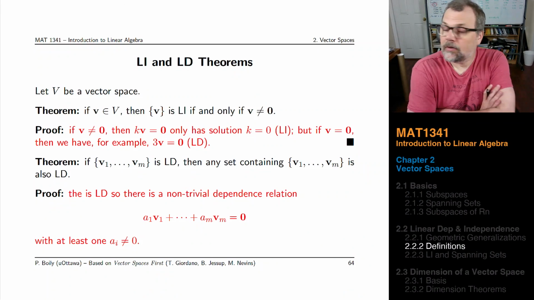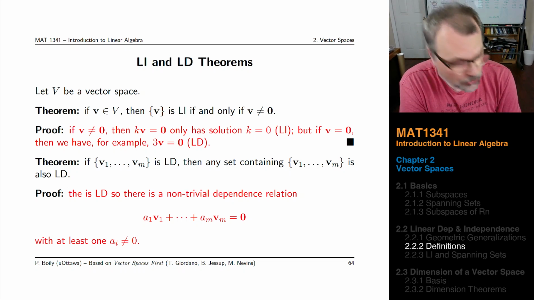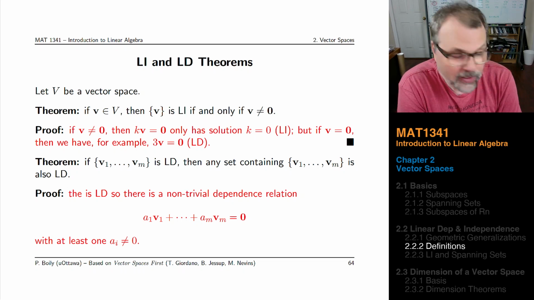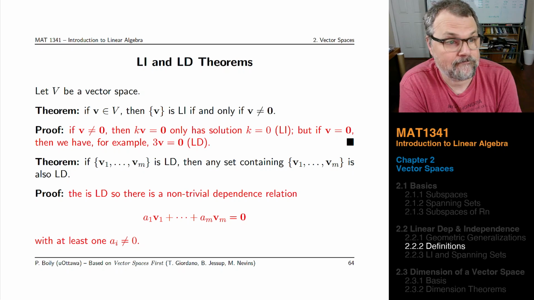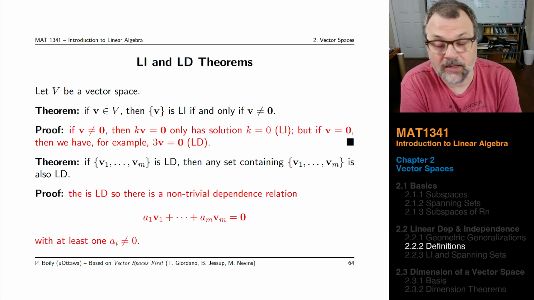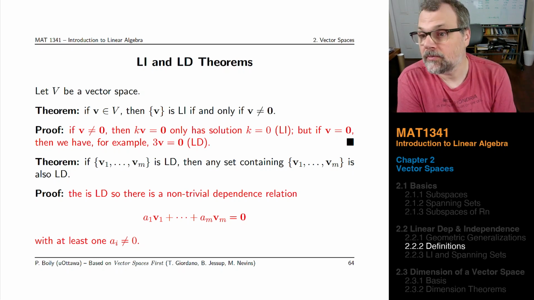Do we have theorems that we can use? We definitely do. And we should use them because sometimes solving the dependence equation can be a real pain in the backside. So you have a vector space V. If that vector space has a non-zero vector v, then the set of that one vector is linearly independent.